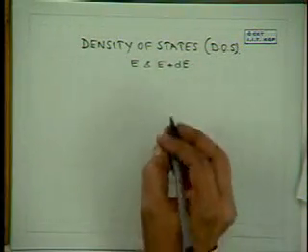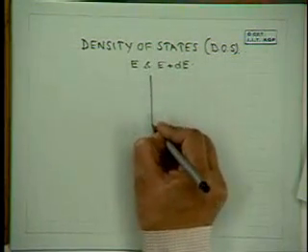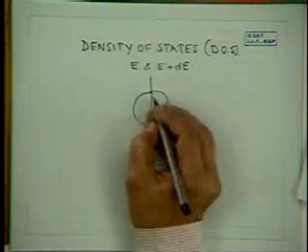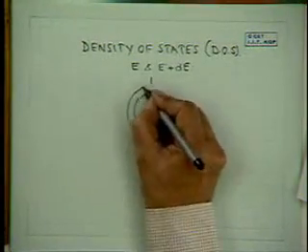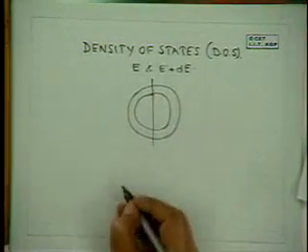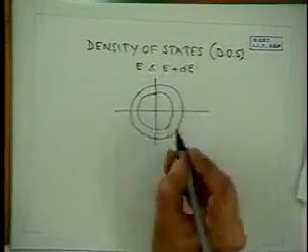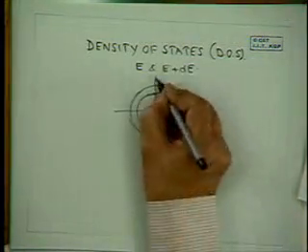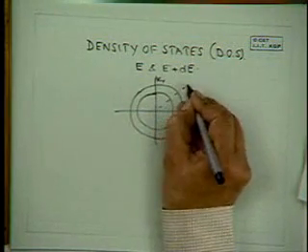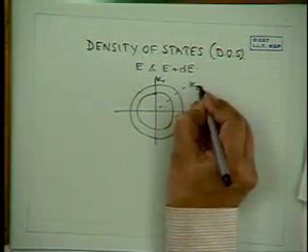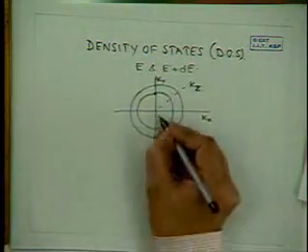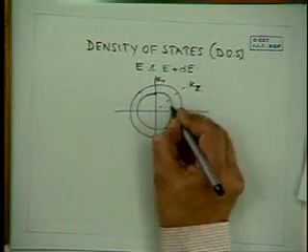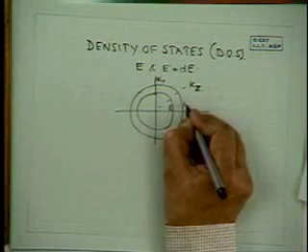We can describe these electrons as occupying a volume in momentum space given by kx, ky, and kz, and these circles depict constant energy surfaces E and E plus dE.